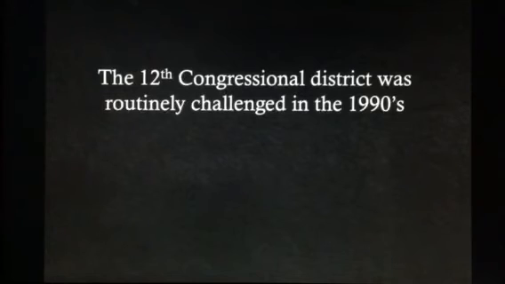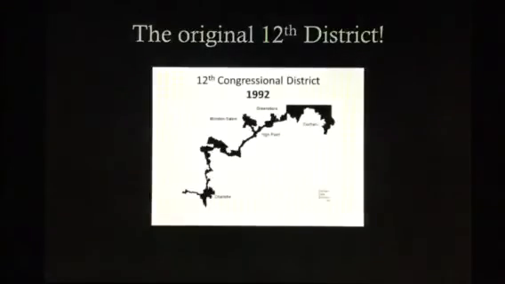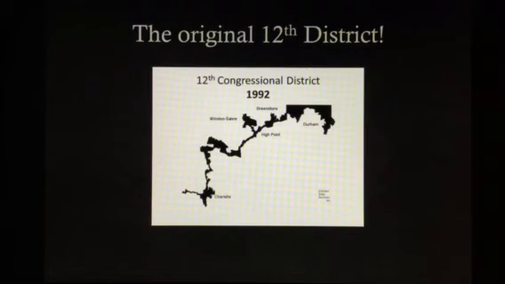You're not supposed to do that, but it is done all the time. Sometimes those obscenely shaped congressional districts are challenged in the courts. The 12th Congressional District in our state has been challenged many times in federal court. Look at this. This is 1992.